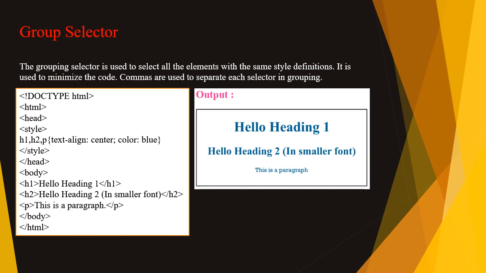So by using the group selector, we can apply the same style to multiple HTML elements. Here is the program with its output. For H1, H2 and paragraph elements, we have used the same style, applied within our body section, and here is the output of that program.